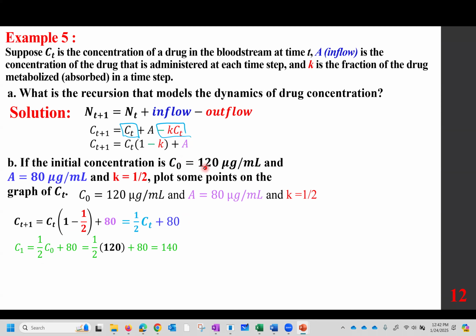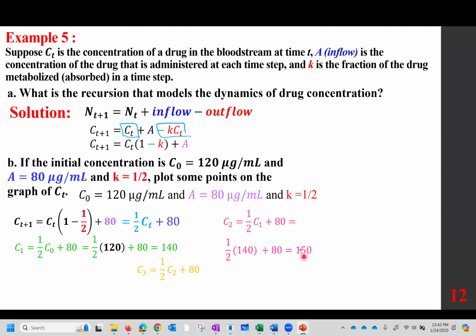The next one would be C sub 2. C sub 2, half of C sub 1 plus 80. So half of this, 70 and 80, they add up to 150. What about C sub 3? Half of C sub 2 plus 80.